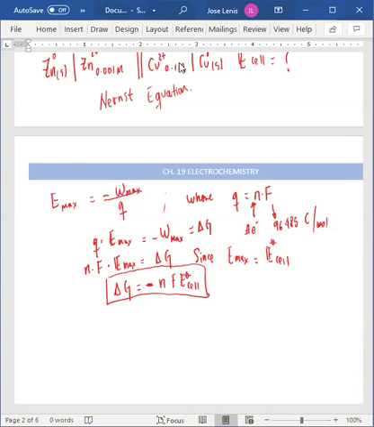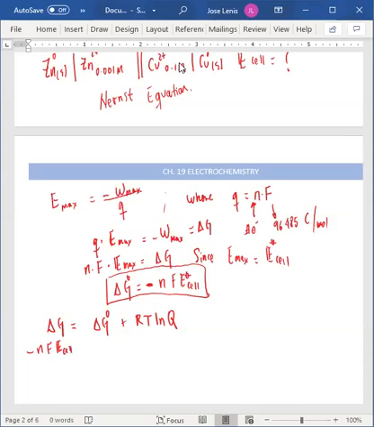And if we remember the definition we have from the previous chapter, delta G of a non-standard process equals delta G standard of the reaction plus RT natural log of Q. Therefore, delta G under non-standard conditions will be negative NF times the potential of the cell under non-standard conditions.